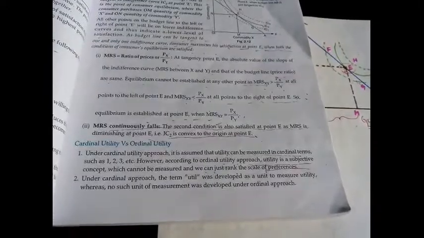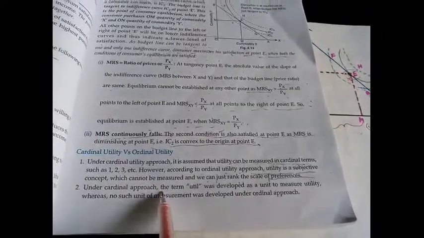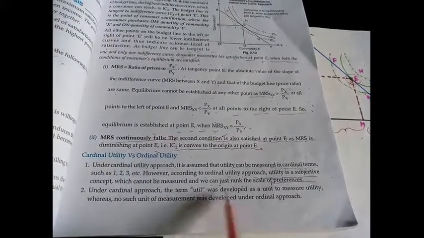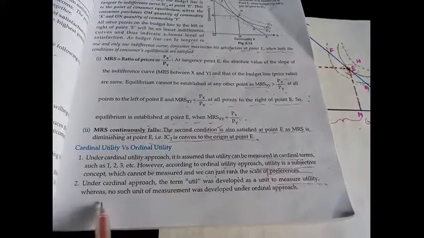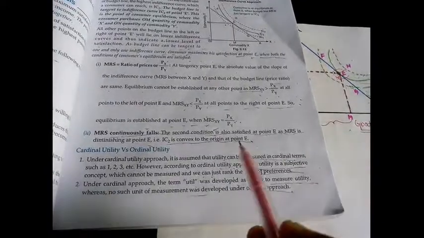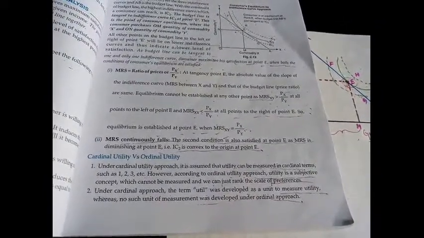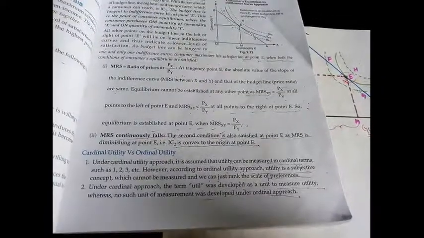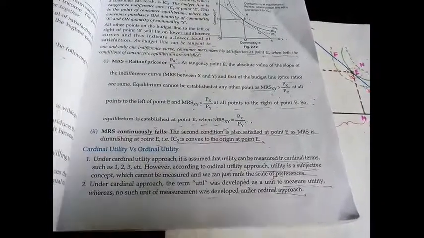but goods cannot be given numerical terms. Next point, under the cardinal approach, the term util was developed as a unit of measure of utility, whereas no such unit of measurement was developed under the ordinal approach. So utility, like weight, like height, can be given a unit of measurement. For weight you give kg, for height you give centimeter, inches.